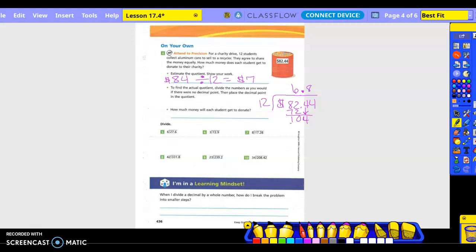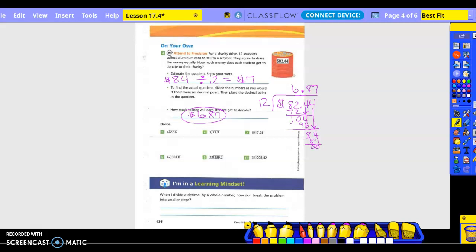What is that? 96 with 8 left over? Bring down the 4. How many times does that go in there? 7 times. Minus 84. Nothing left over. So each kid will get $6.87. So is that close to our estimate of $7? Yes. Okay, let's look at these next ones.